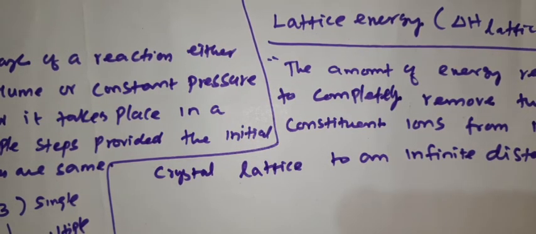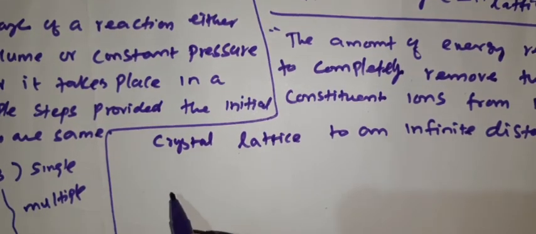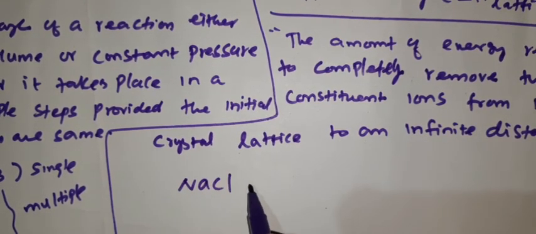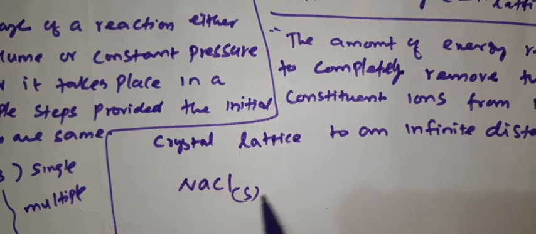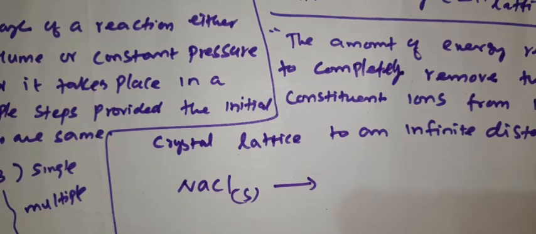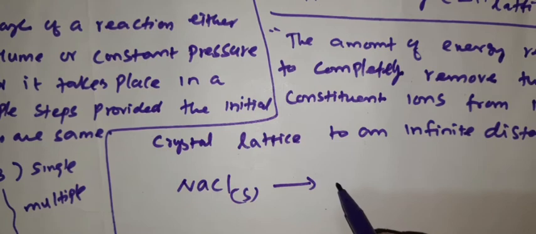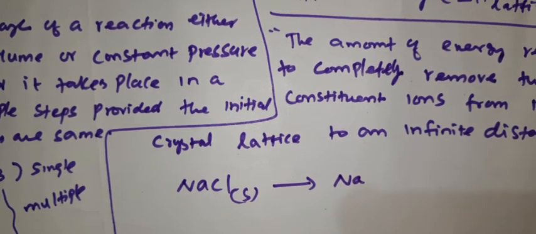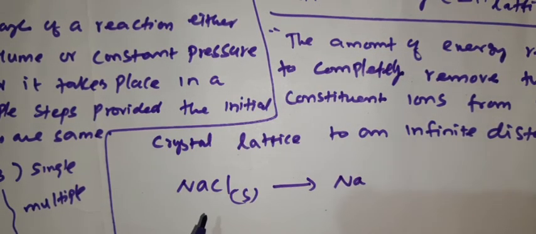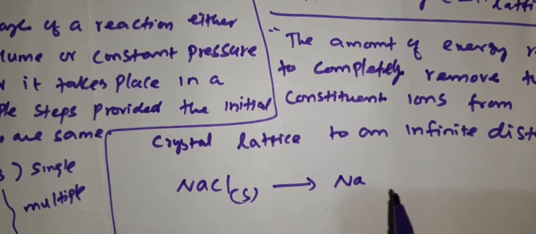Generally, for example, an ionic compound, that is NaCl, is a lattice solid. We are going to split it into ions by some force. It should be in the solid state. So how much energy is required to split into ions? That is lattice energy. See here, if you add water, then it is easy to split into ions, but from the solid it is very difficult.